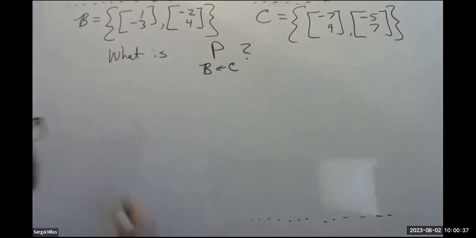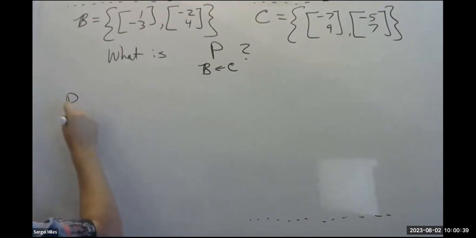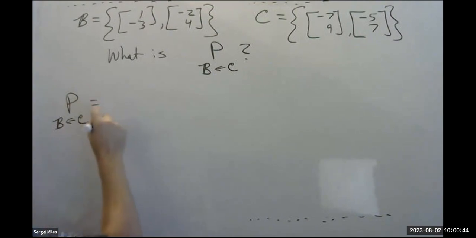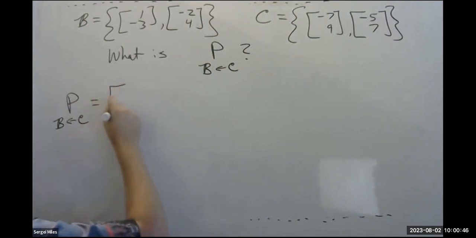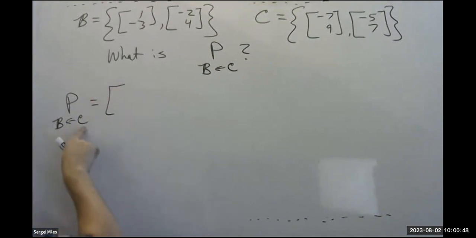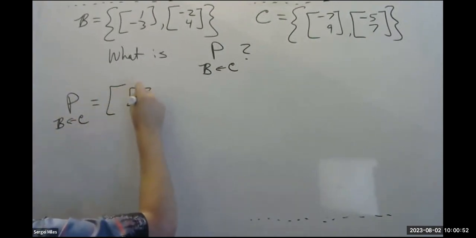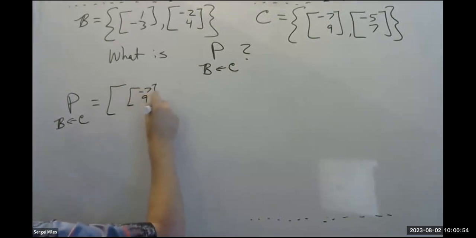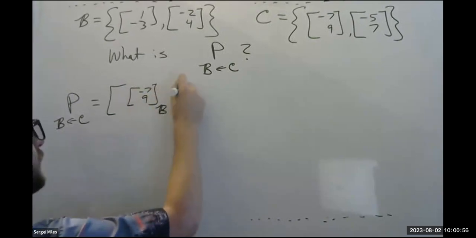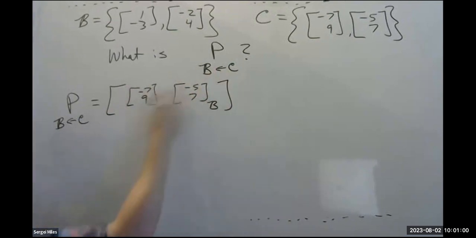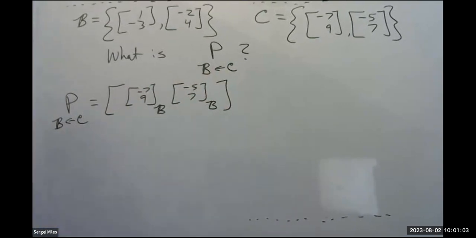Well, according to our formula, I'm trying to change from C to B, so I need to plug in my C vectors, -7, 9. I'm trying to rewrite them in terms of B. And so this is going to be my answer, right?